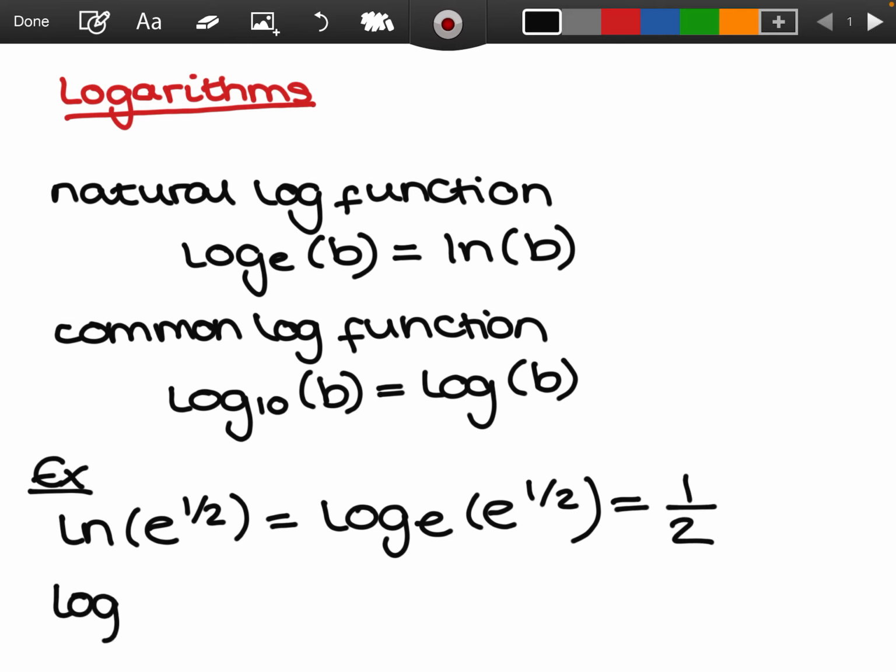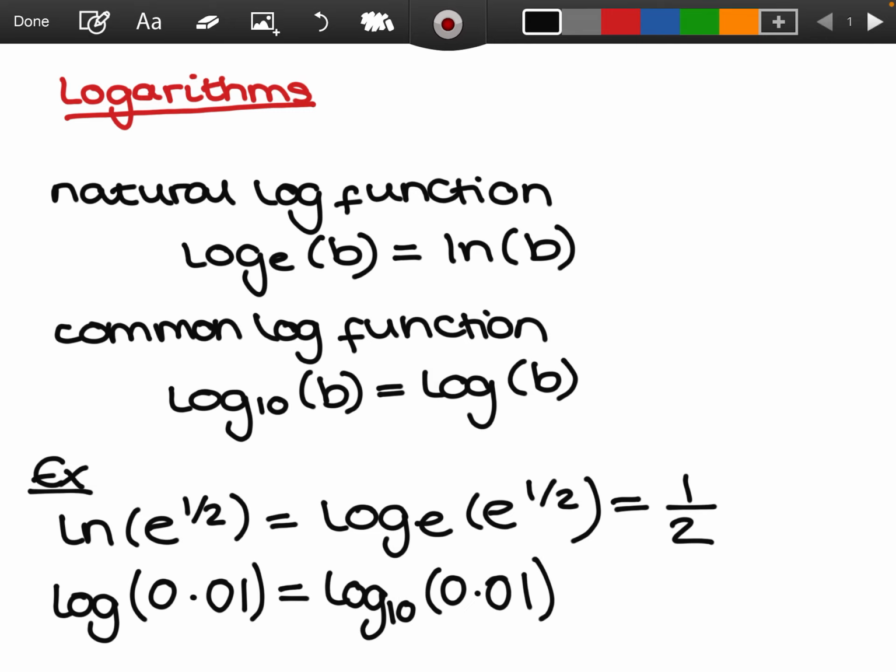Another problem we could have is using our common log function and asking for log of this number 0.01. So that's log base 10 of 0.01. So that's asking what power do I have to raise 10 to get to 0.01, which is -2. Okay.